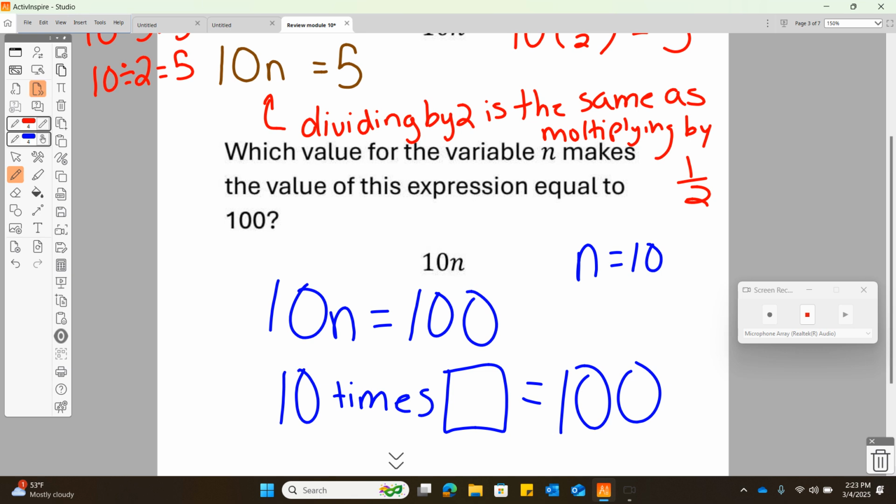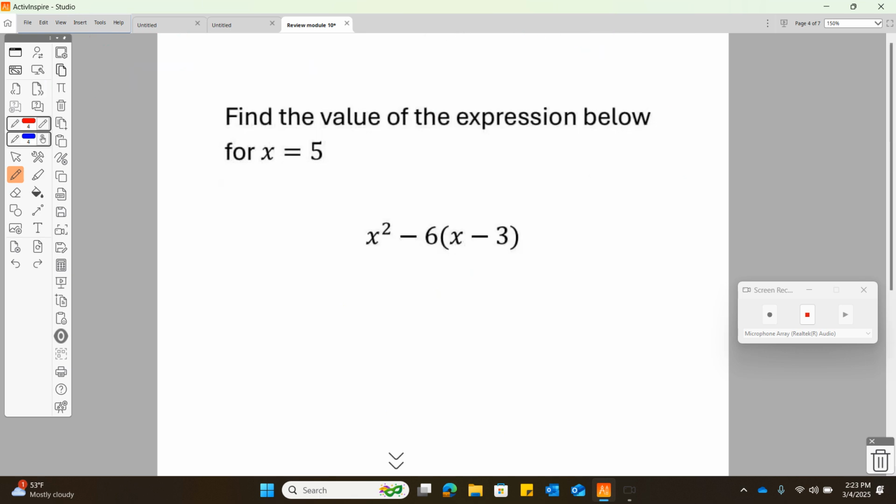Find the value of the expression below, x equals 5. This means that wherever you see the x, you are scribbling it out and you are putting a 5. So if I rewrite this, 5 squared minus 6 times the quantity of 5 minus 3.